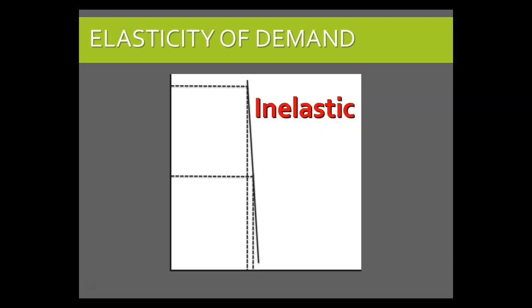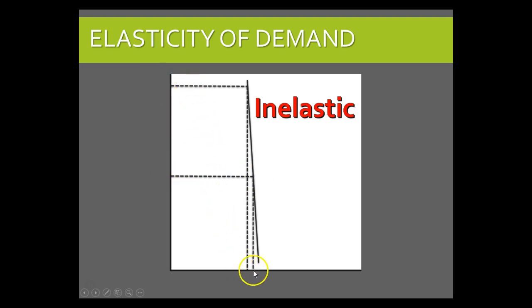So in this case, if we look at this demand curve, we can see that it is very, very inelastic. It has a very steep slope. It is almost exactly vertical. And what it's saying is that if we were to change our price from this price and increase it to this higher price, then the change in price is very significant.